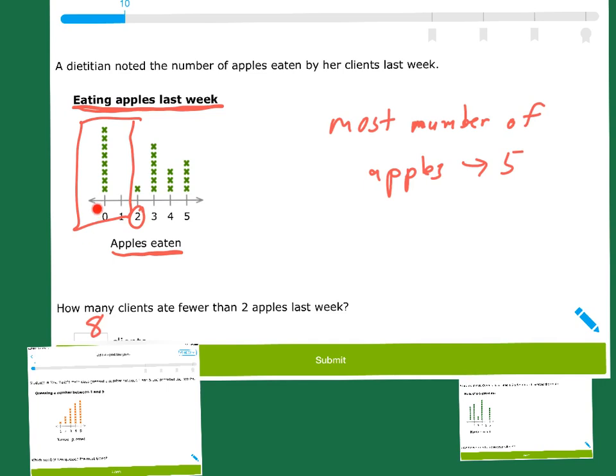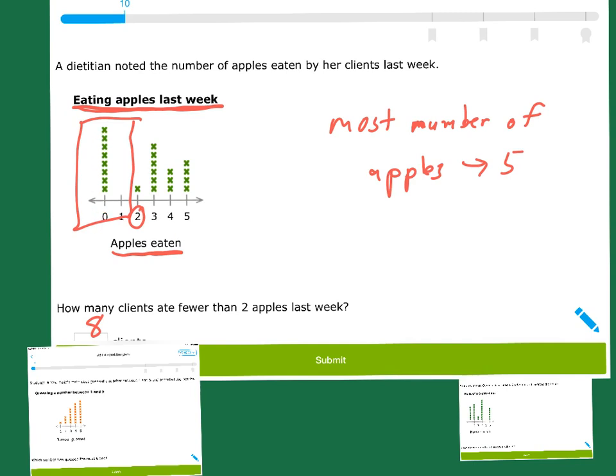Okay, 0 is the most common number, but 5 is the most, and that's the part where people get tripped up. Fourth graders struggle with that one. The most number of apples eaten was 5, and 4 people ate 5 apples. The most common number is 0. Those are two different things, right? So as far as talking about the most apples, it's 5. The most common number was 0.